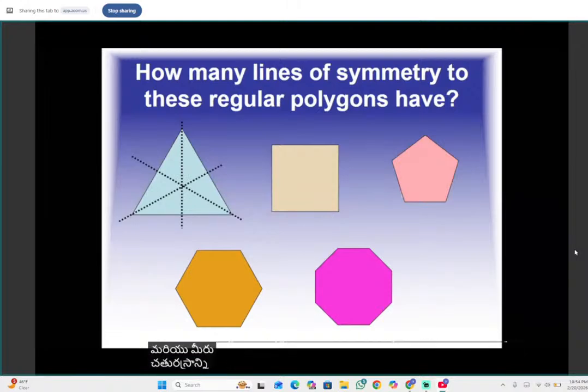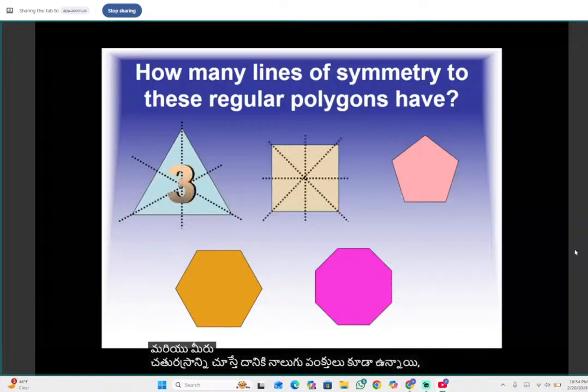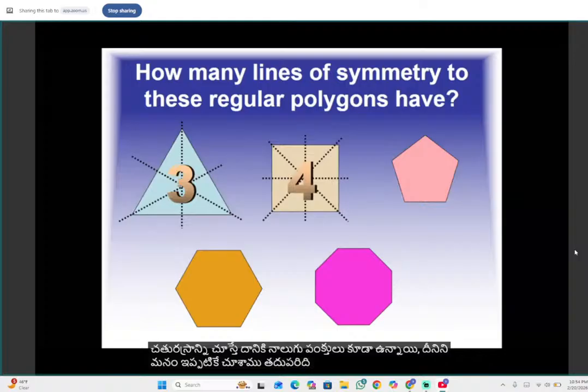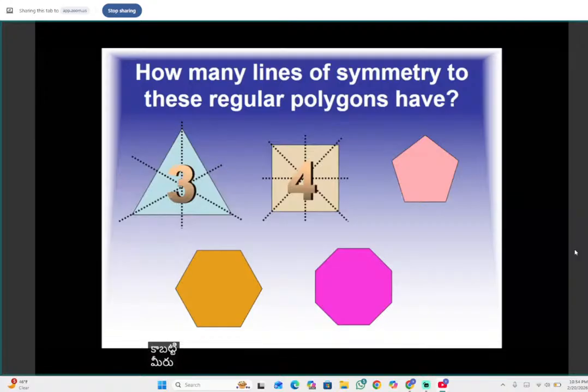If you look at the square, it also has 4 lines, which we already saw. Now, the next one is a pentagon. When you look at the pentagon, it has to be all sides equal, a regular shape. So, if a pentagon is regular, then it will have 5 lines.